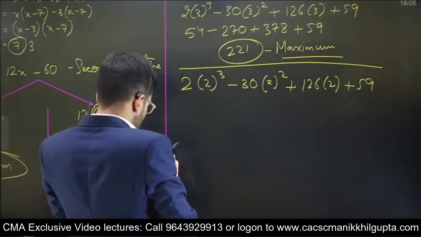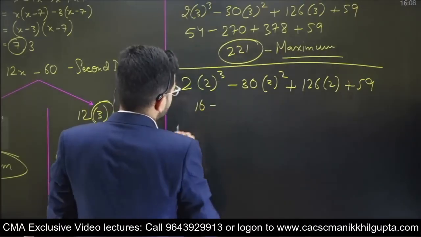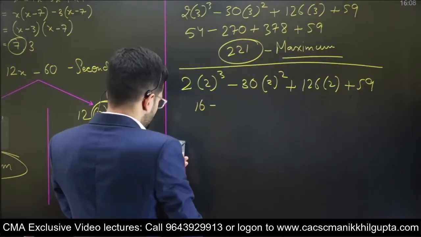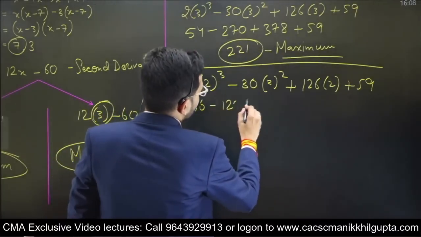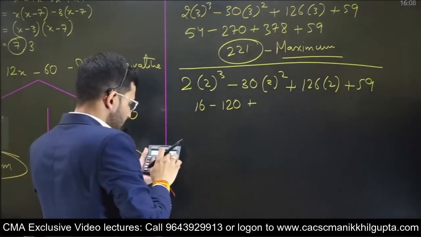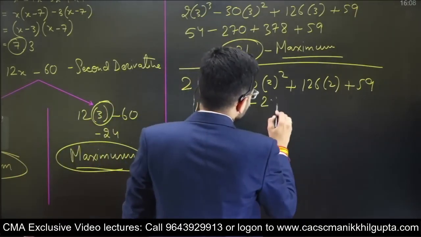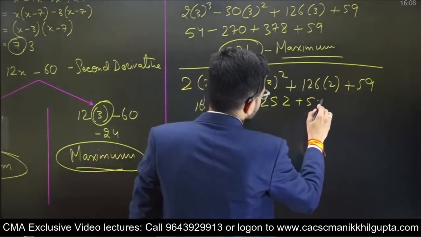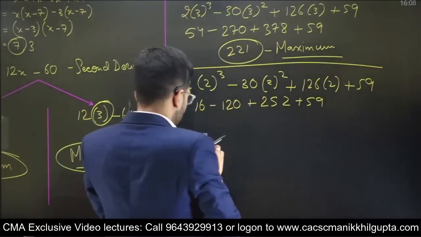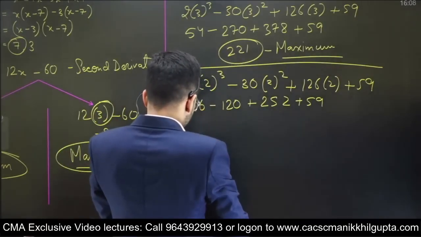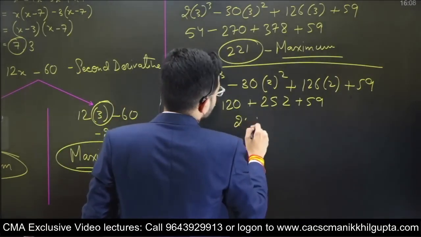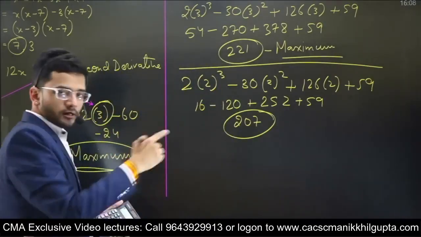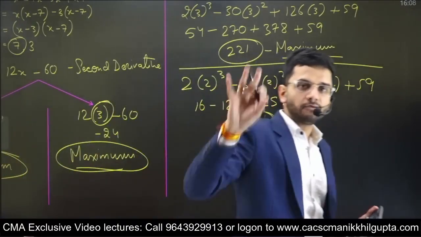The answer comes out to be 16, minus 120, plus 252, plus 59. This is 207. It is lower than the number which was derived when you put 3.